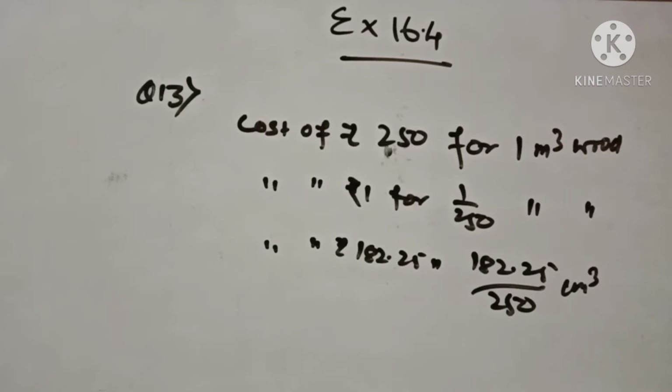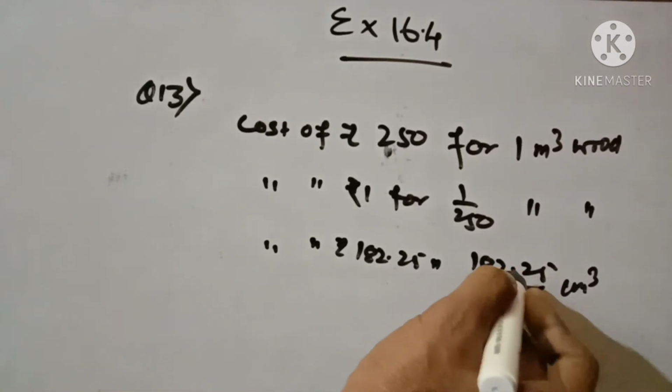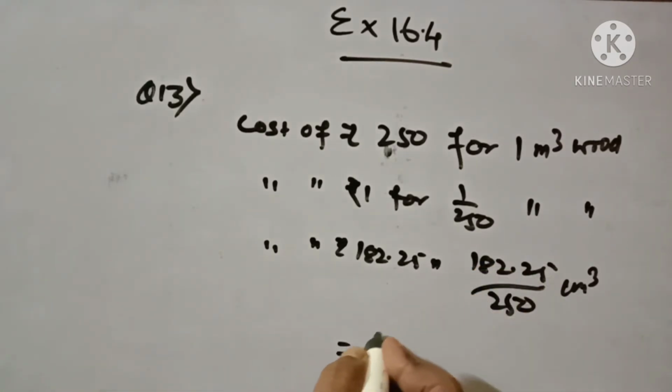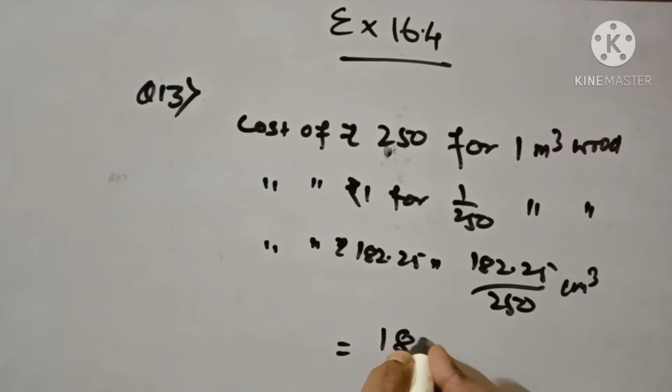So removing the point, I can write 18225 by 250 into 100 cubic meter.